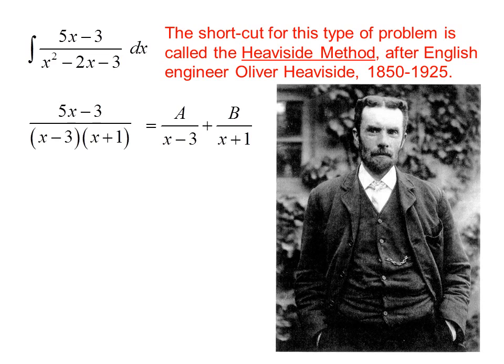The shortcut for this type of problem is called the Heaviside Method, after English engineer Oliver Heaviside, who lived from 1850 to 1925. He looks very serious in this picture.